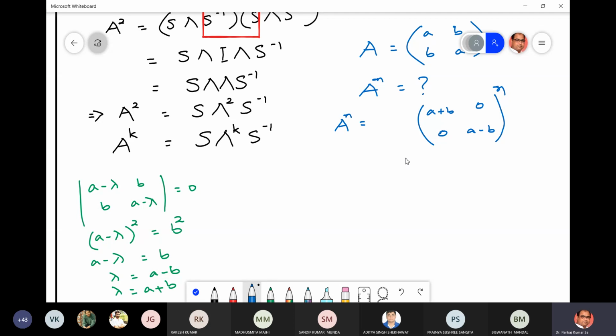And what about the eigenvectors? And its inverse, 1 upon 2. To find the inverse, you'll get this one.